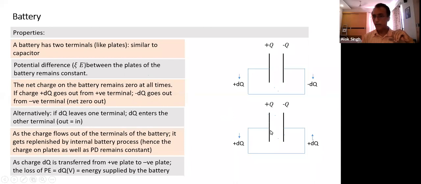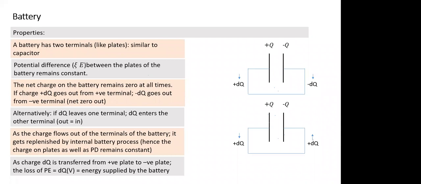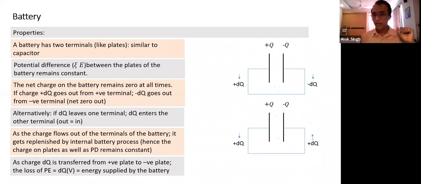Charge has moved from a higher potential plate to a lower potential plate. So how much is the loss in potential energy? dq into V. But again, after the charge transfer has taken place, I check the battery and it is in the same state.